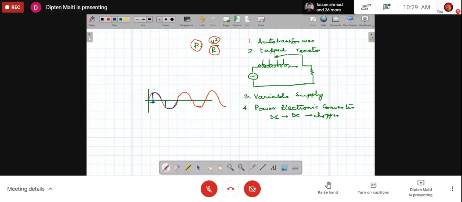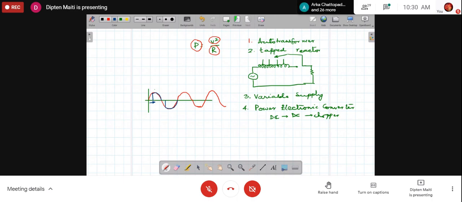Otherwise, by controlling using a triac, we can directly use it without converting to DC, controlling both the positive and negative halves. It does not matter whether you are using AC or DC for the heat generation. It depends on the resistance. A resistance would produce the same amount of heat given the same RMS voltage across it.